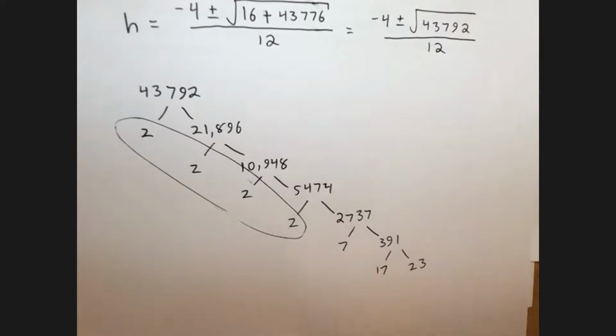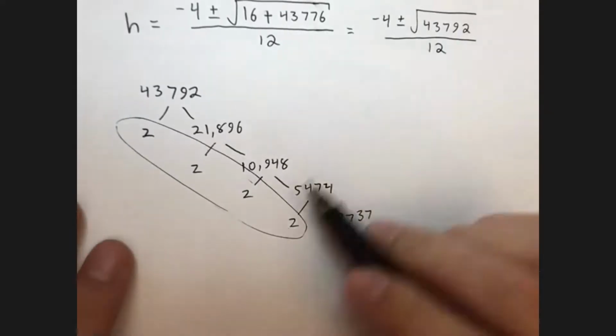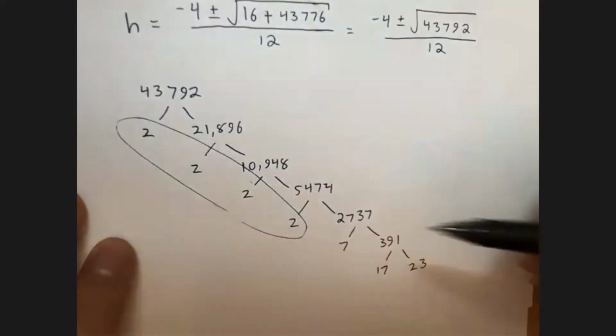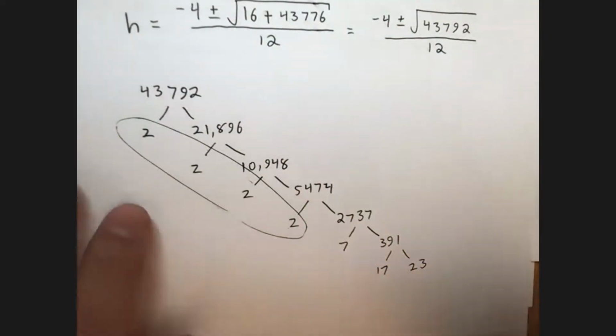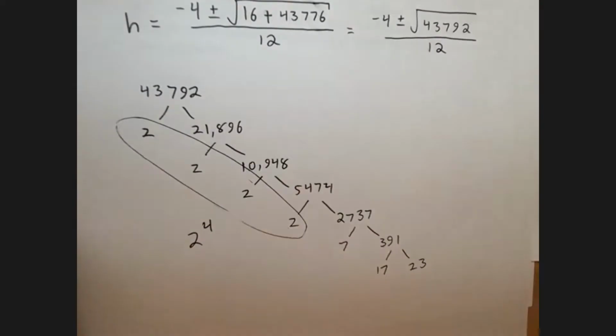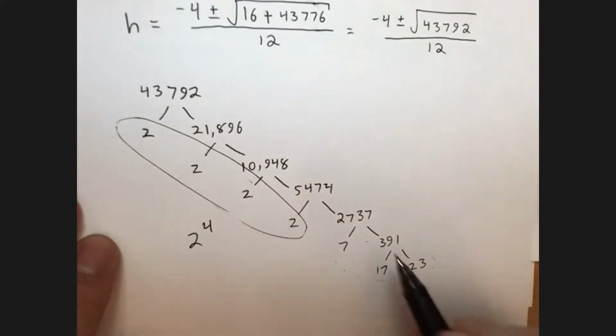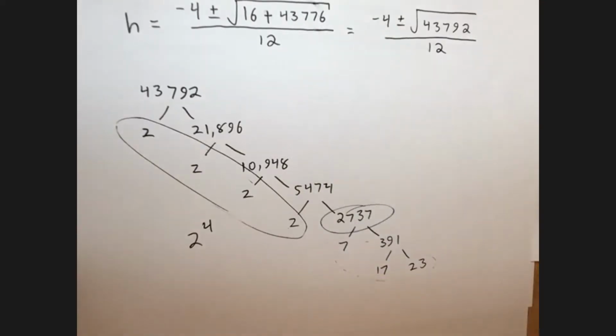So what we're looking for when we simplify a radical, we're looking for something that occurs an even number of times. And so 2 does. In fact, this is 2 to the 4th right here. So it's 2 to the 4th times this stuff. Nothing useful came out of that. So I'll just do 2 to the 4th times this.